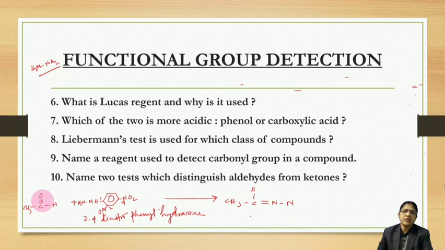It's better you show in this way: just remove water, then you write N and H, then rest everything is same. Here NO2, here also NO2. So this is acetaldehyde 2,4-dinitrophenylhydrazone. This is the addition product.